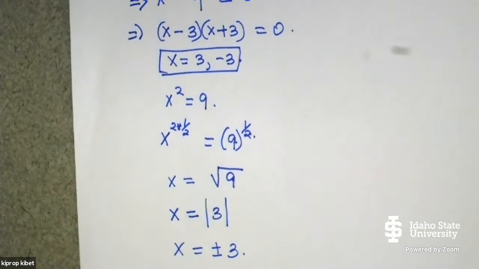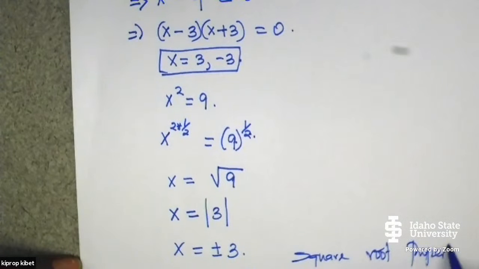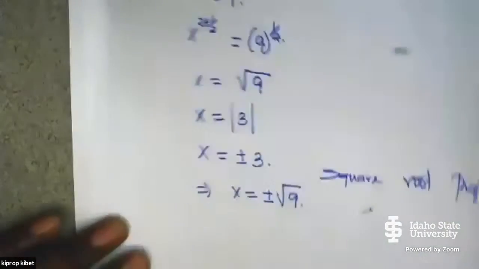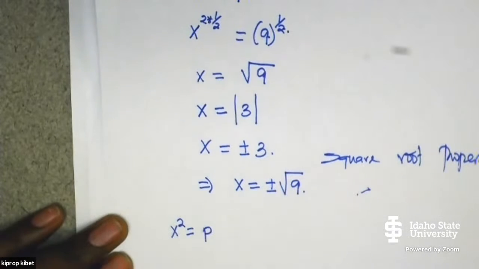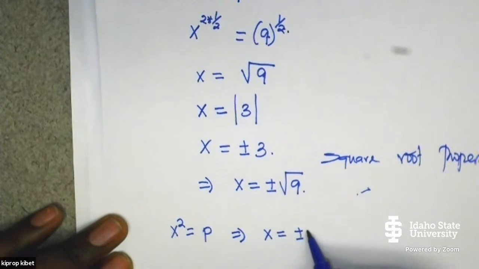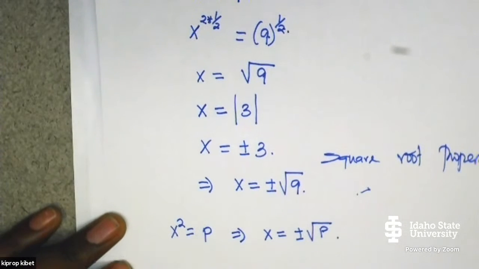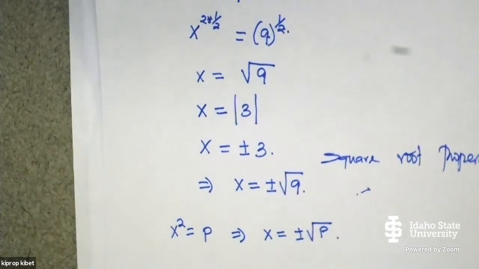This is what we call the square root property, where we can say, if we have x squared equals p, then x equals plus or minus the square root of p.